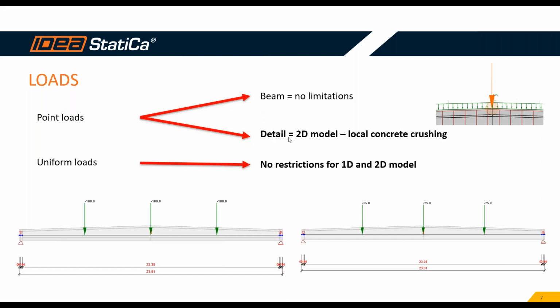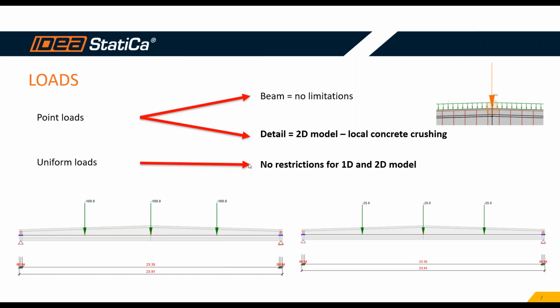But after export, you have to keep in mind that you are going to transform the 1D member to 2D. So in the 2D there can appear some local concrete crushing due to the concentrated load. So we have to handle this in some specific way.